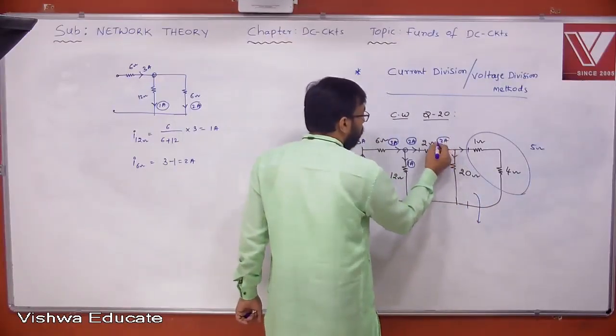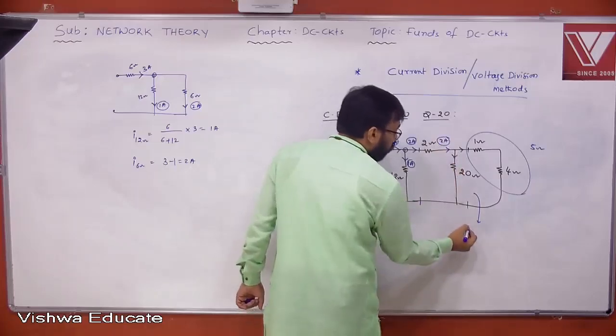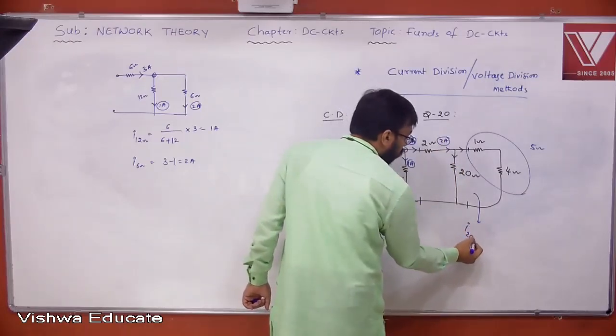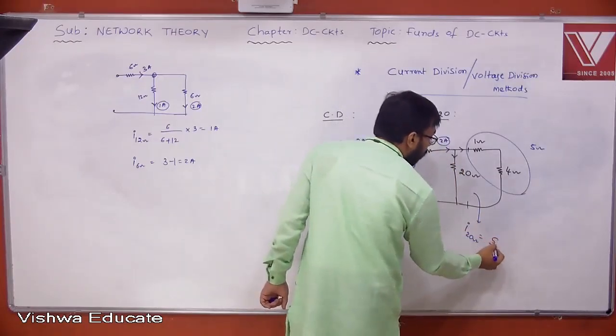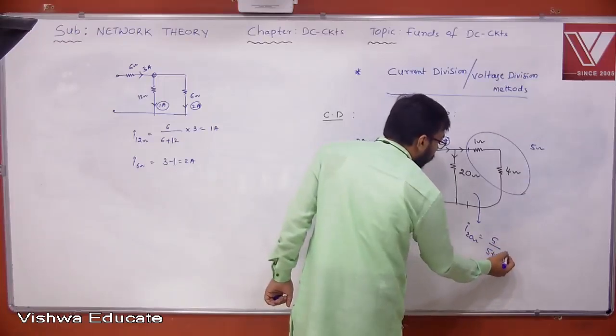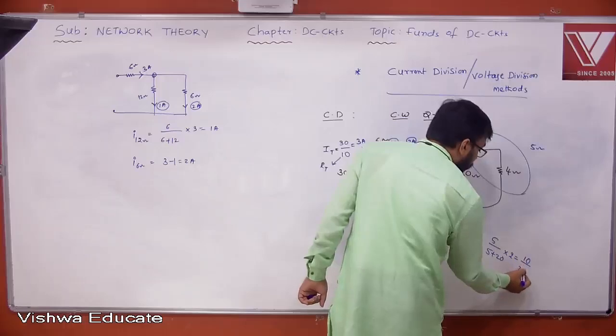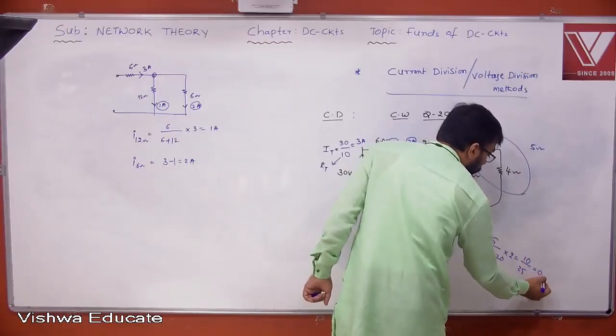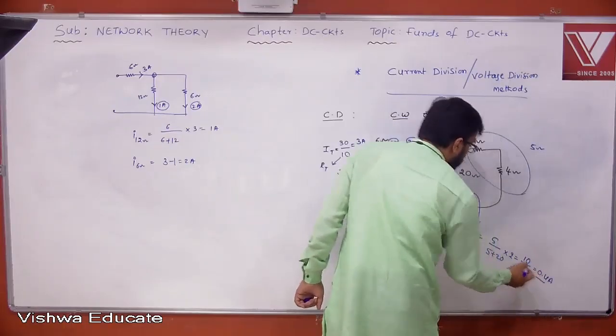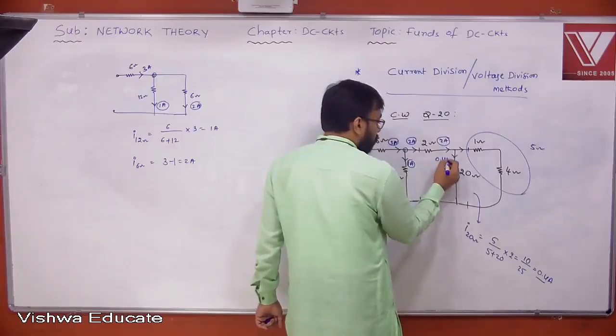Here also 2 amperes. Now the current through 20 ohm is opposite, that is 5 by 5 plus 20 into 2. That means 10 by 25, that means 0.4 amperes. This is 0.4 amperes.